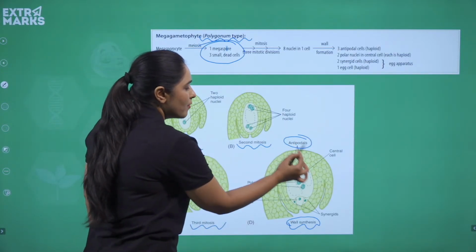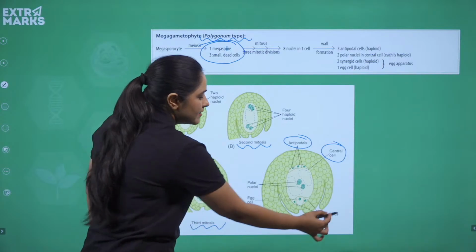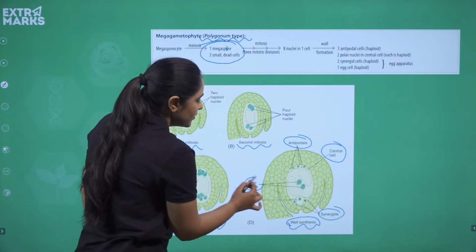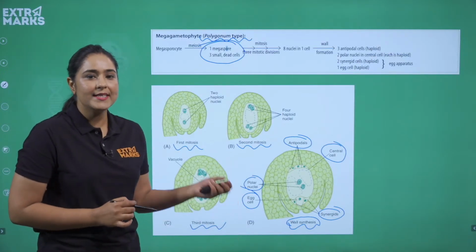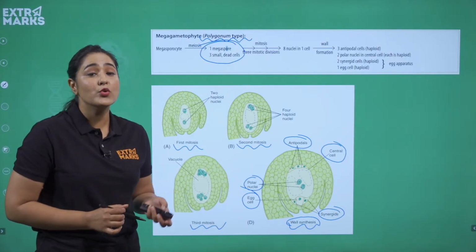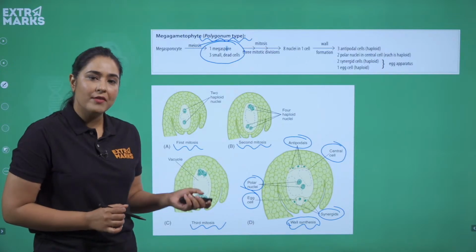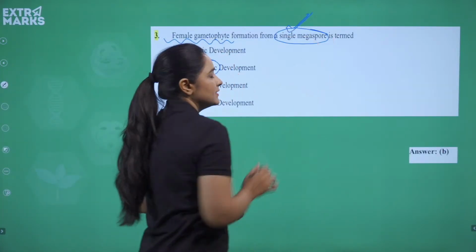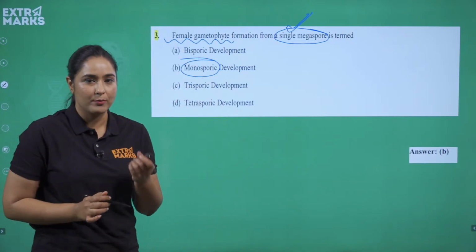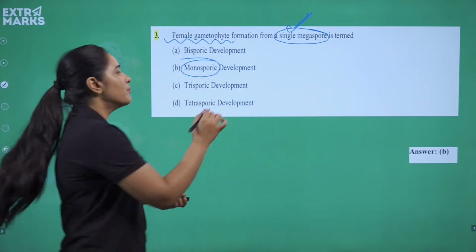Antipodals are formed, central cell is formed, synergids are formed, polar nuclei and egg cell, they are formed here. So obviously this kind is known as monosporic. We are having from the single megaspore the development of this female gametophyte, monosporic or the polygonum type.